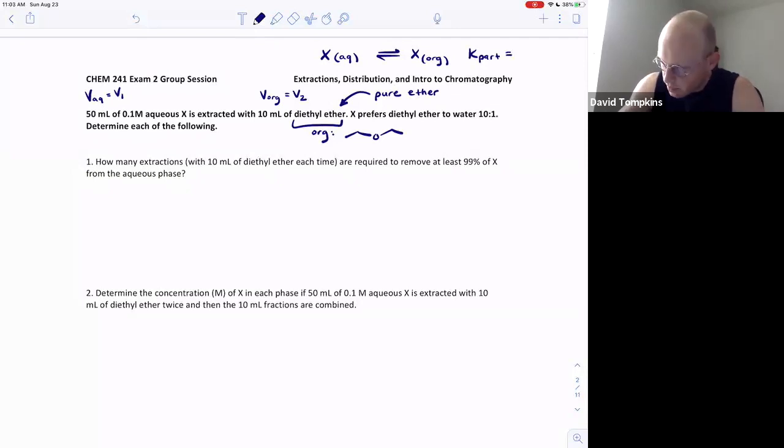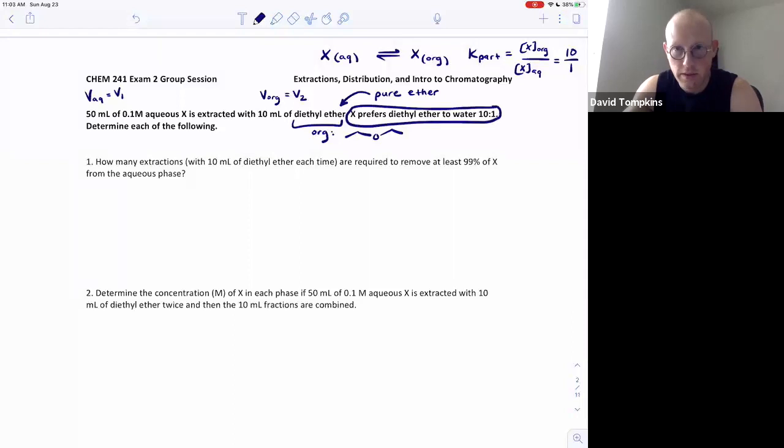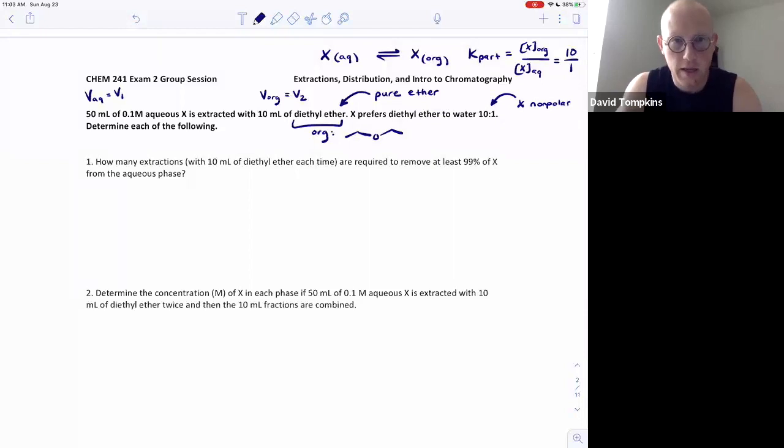And that K part value, the concentration of X in the organic layer relative to the concentration of X in the aqueous layer, we're told is 10 to 1, or it prefers diethyl ether to water 10 to 1. Which means that X is probably quite nonpolar, since it prefers to be solvated in the nonpolar organic diethyl ether phase.